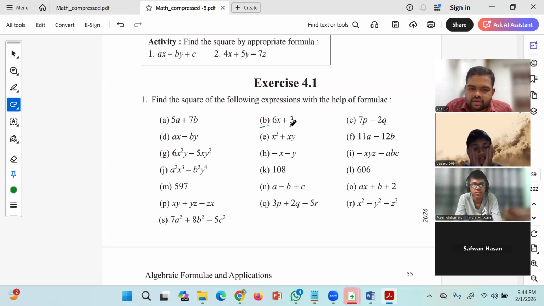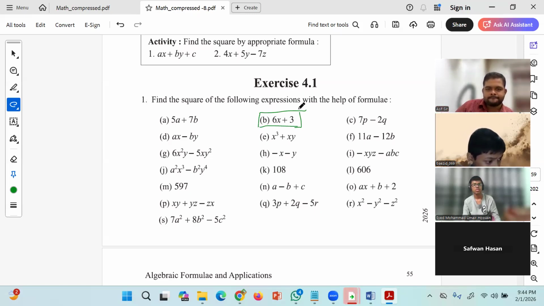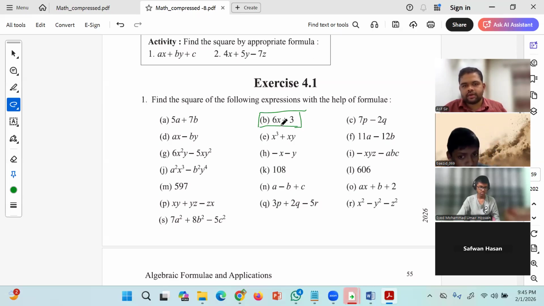Please write it down in your notepad and solve it by yourself within 3 minutes or 4 minutes maximum, because after that, I will discuss another one. I will stop sharing my screen now and I will solve it also. And after 4 minutes, I will show the answer.